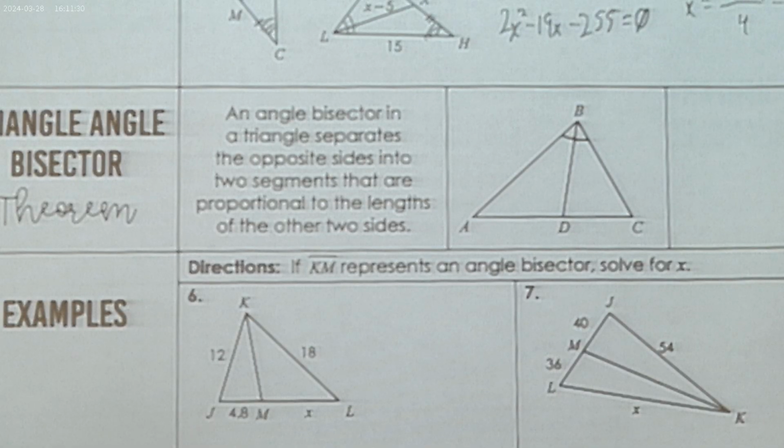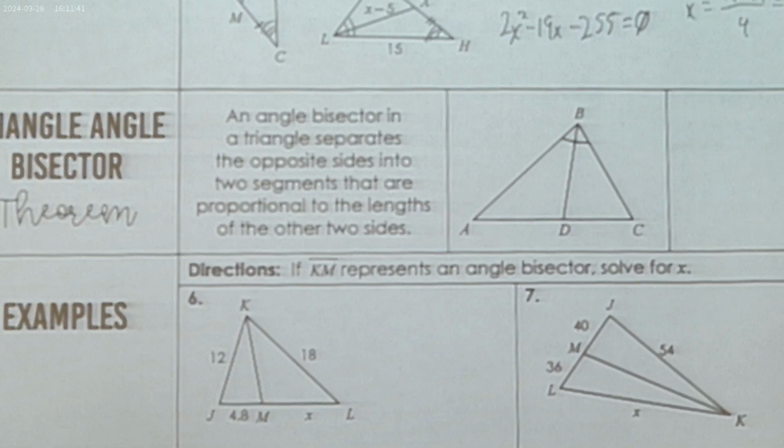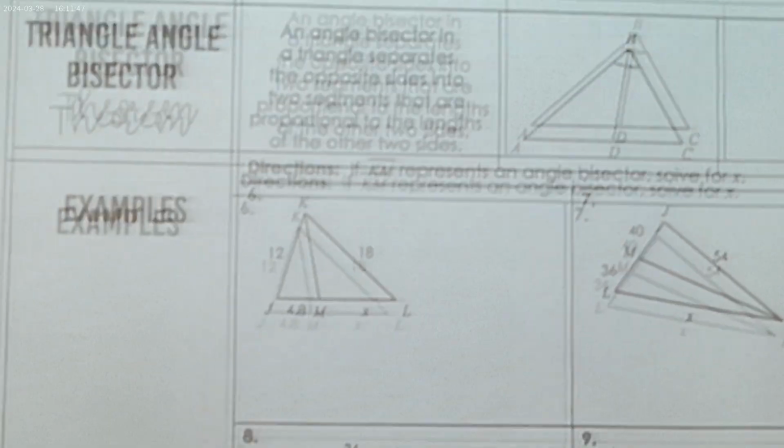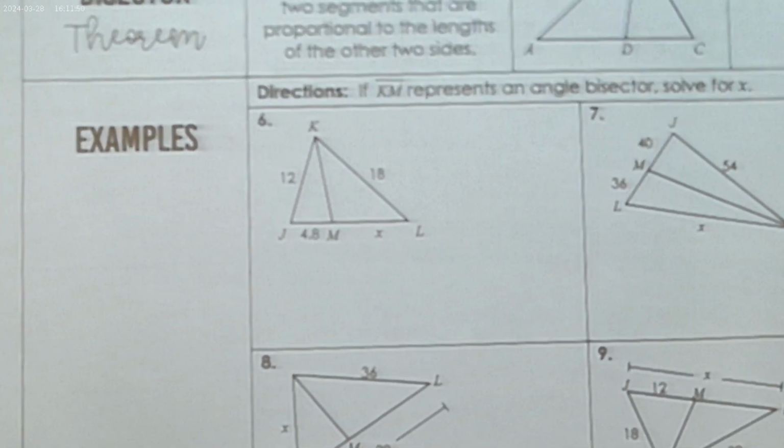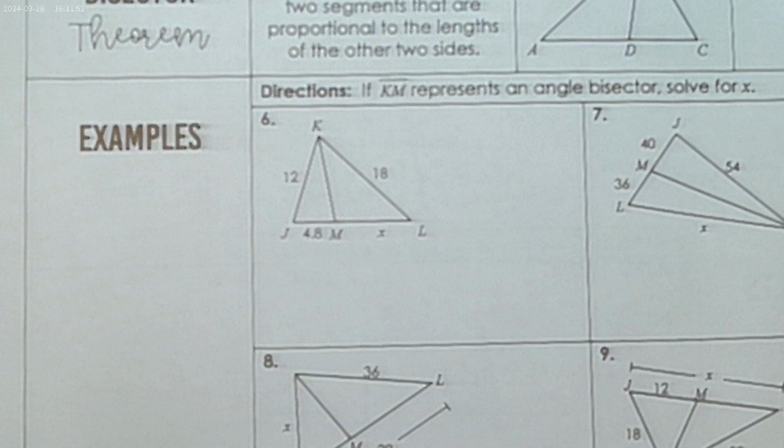All of it comes back to proportionality, and it comes to solving for x. Let's go ahead and start solving some problems. I don't really have anything more elaborate to say about that except it's just another way of setting up proportions.